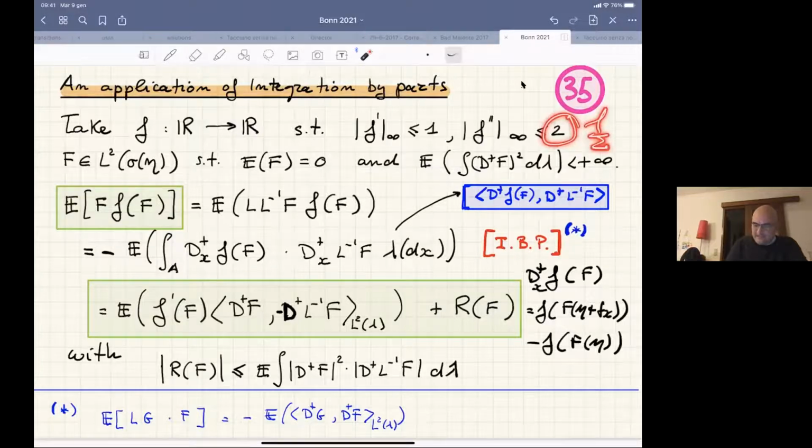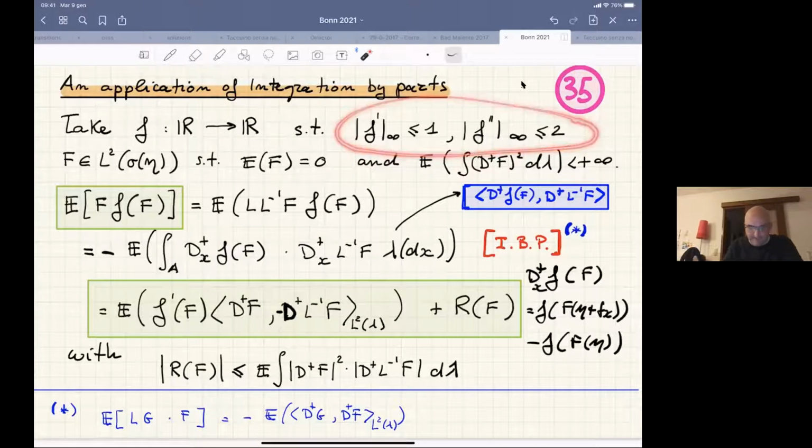And this gives me the expectation of d plus f square. So this comes from the Taylor expansion. And then the term that is already here, which is the absolute value d plus L minus 1 of f. Okay, so I really used completely the smooth nature of the solution of the Stein equation.